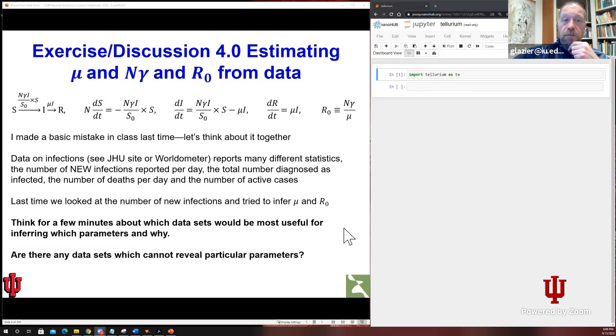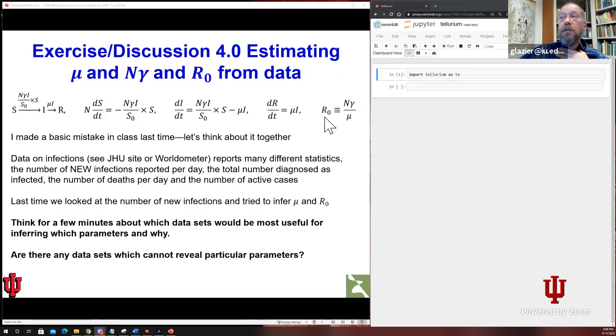And I want you to think a little bit about what data sets would be good for estimating. We really only have in this model a couple of parameters. We have mu, the recovery rate, which is 1 over the time you're sick.